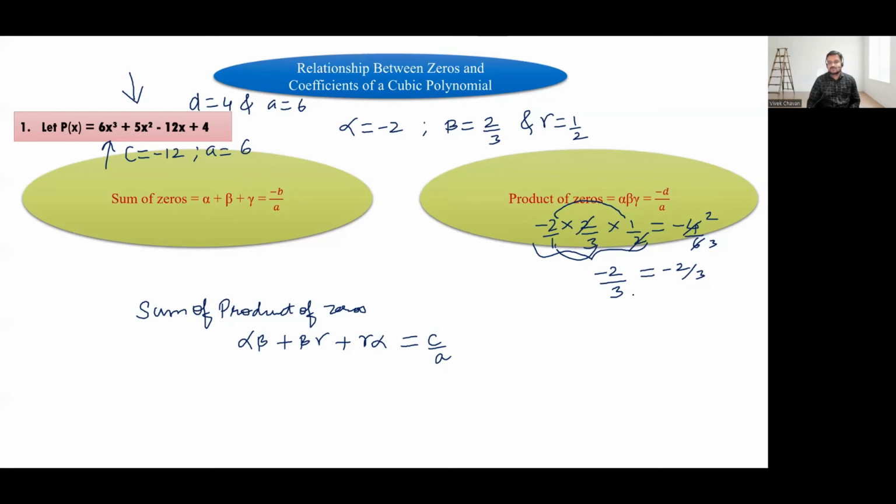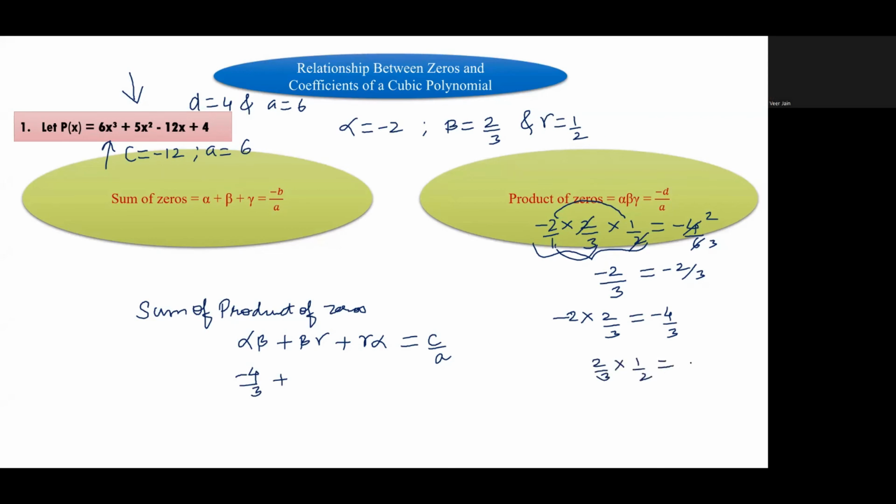Okay, so first alpha into beta we will do. So alpha is -2 into 2/3. What does it come to? It comes to -4/3. Okay, so here we will put -4/3 plus, next is what? Beta into gamma. So 2/3 into 1/2. So what does it come to?